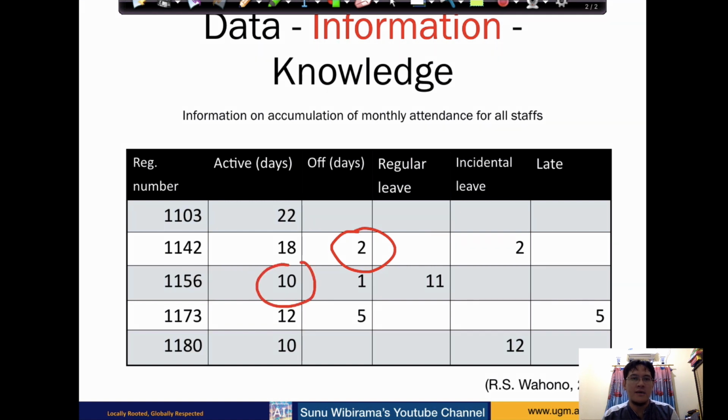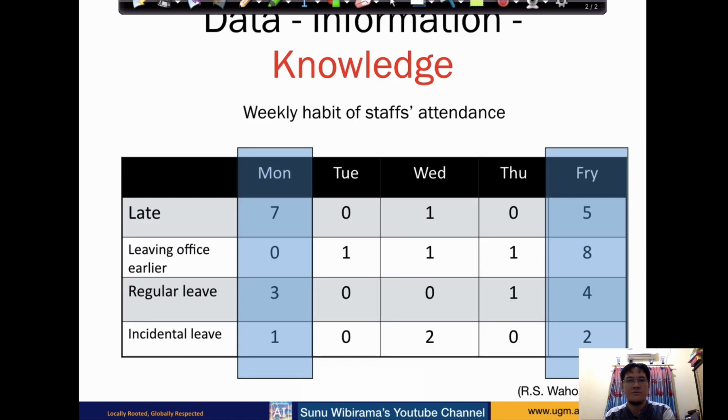So you can get the whole statistics from all of your staff. But I think this is not enough. If you want to convert these informations into knowledge, then you have to understand the patterns, and it's better to know, for example, the weekly habits of the staff attendance.